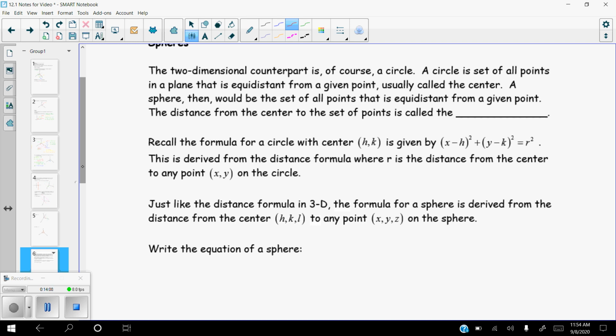That is the definition of a circle. A sphere is exactly the same thing. As a matter of fact, when we say that for a circle, we're technically not really telling you the truth, because that's really the definition of a sphere. It's actually the set of all points equidistant from a given point, where the distance from that center is what's called the radius.